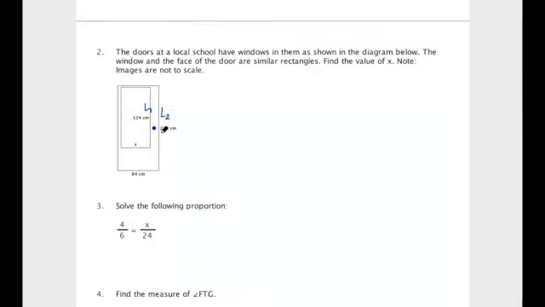So I can set up a proportion that says I'm going to take the long side of rectangle 1 over the long side of rectangle 2, and that's going to be equal to the short side of rectangle 1 over the short side of rectangle 2. So one thing you notice is that rectangle 1 values are both on top, rectangle 2 values are both on bottom. And now we're just setting up a proportion.